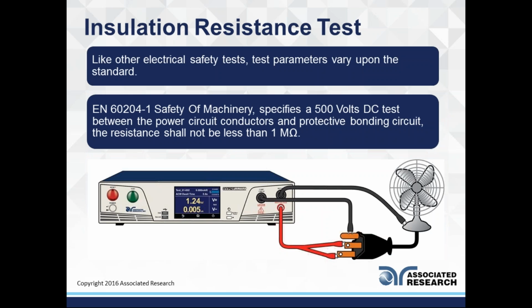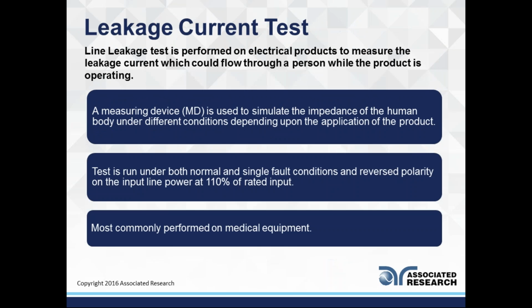For example, EN 60204-1, safety of machinery, specifies 500 volts DC, and your resistance shall not be less than 1 megaohm. What does that mean? Your insulation needs high resistance, and it cannot dip under 1 megaohm, or it's considered a failure.